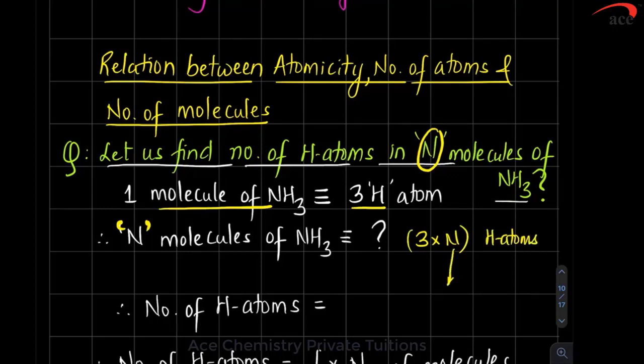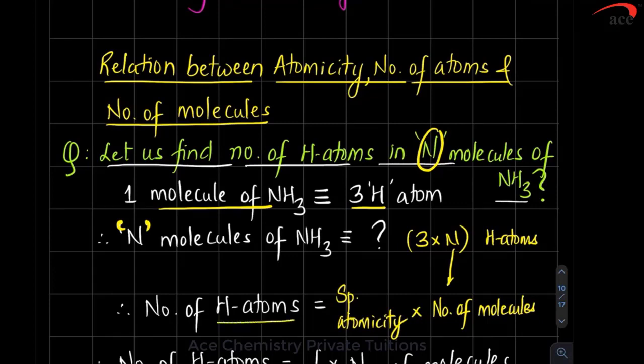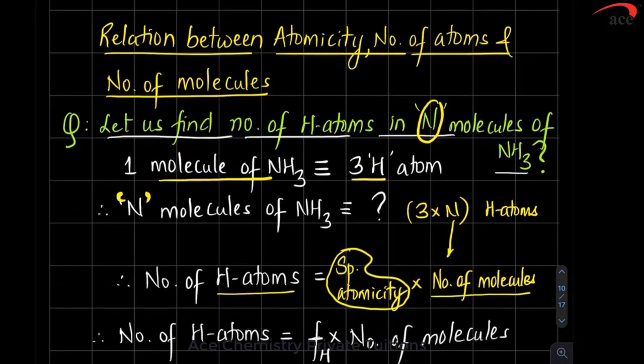Can I summarize? What does n stand for? n stands for the number of molecules of ammonia. And what does 3 stand for? It stands for the specific atomicity of hydrogen. So whenever you want to get the number of hydrogen atoms in any molecule, take the specific atomicity and multiply by the number of molecules.